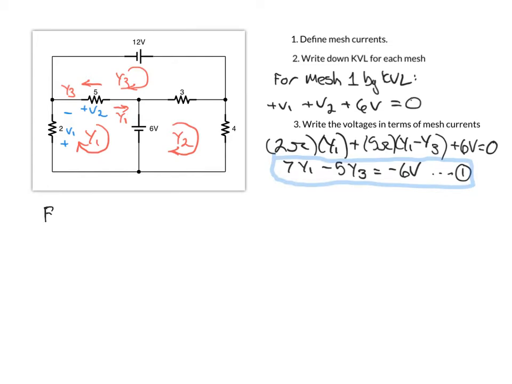Now for mesh 2, by Kirchhoff's voltage law, we're going to go around the loop in this direction. So we get to the minus sign of the 6 volt source first. So we write minus 6 volts.